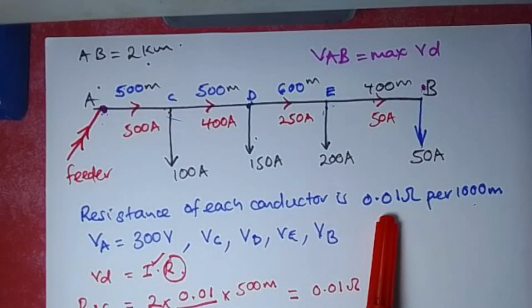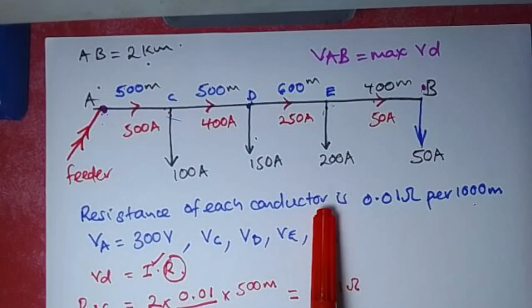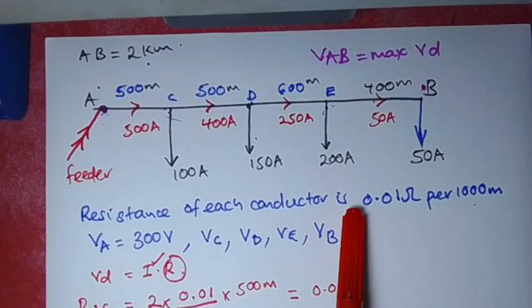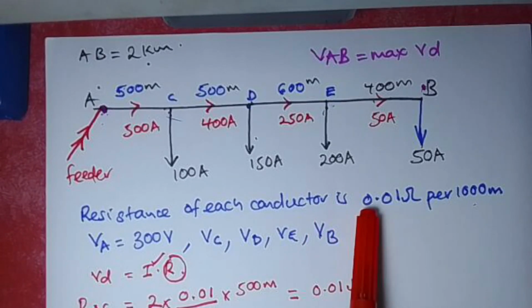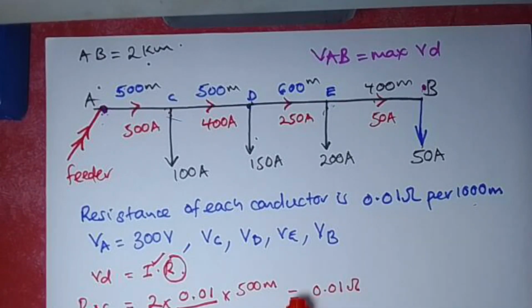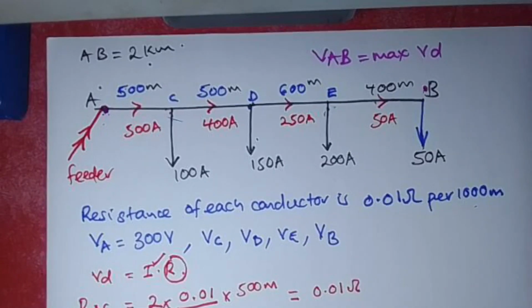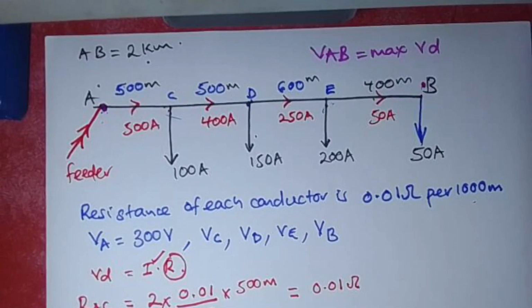There are times when they don't give it to you in terms of resistance. They can give it to you in terms of resistivity, and when they give you resistivity, they will also give you the cross-sectional area. I'm going to use a scenario to explain this.